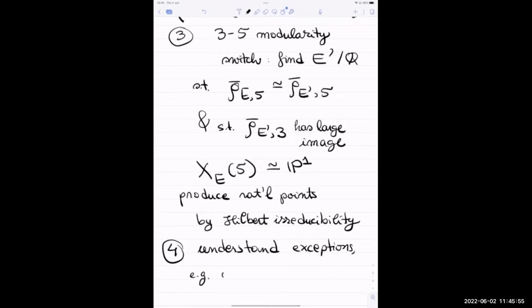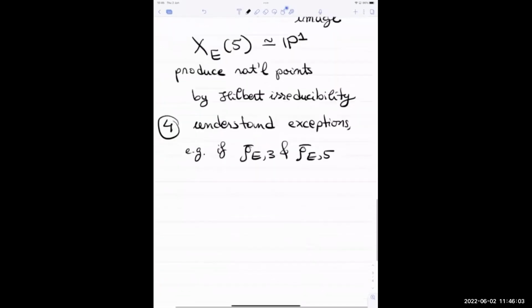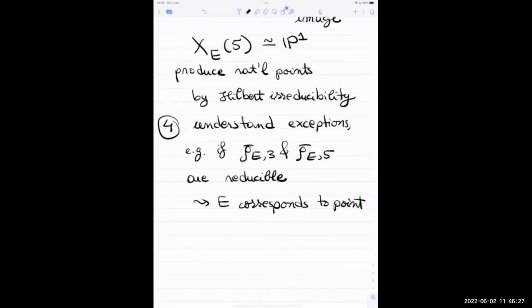So, for example, if both of these representations are reducible, so their image factors through a Borel subgroup, that's just one example, but the way that you can deal with these particular exceptions is that this elliptic curve will correspond to a point in X_0(15)(Q).